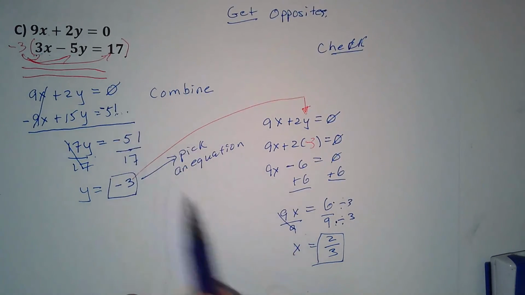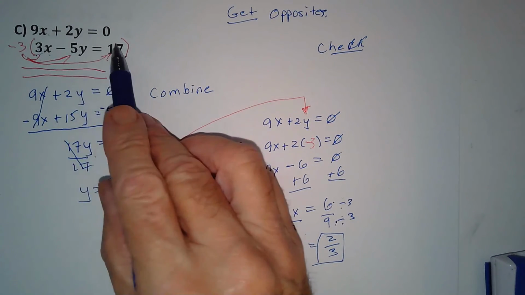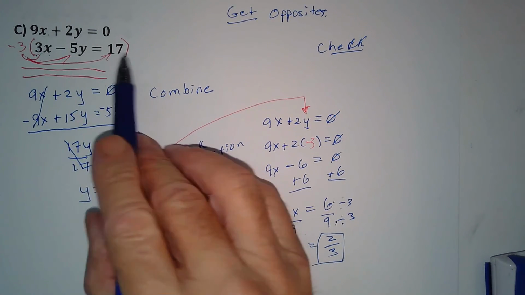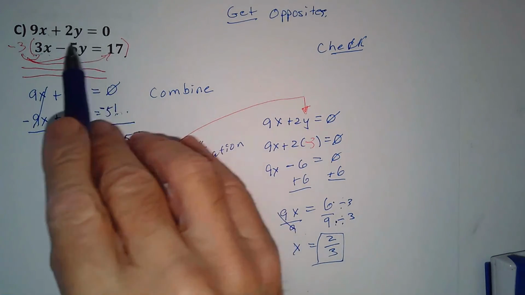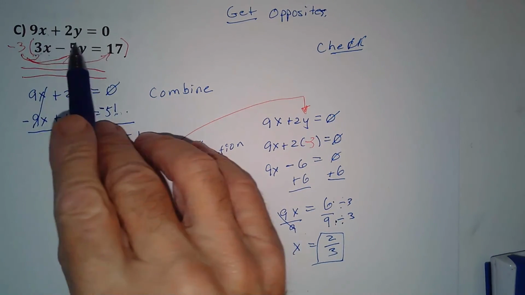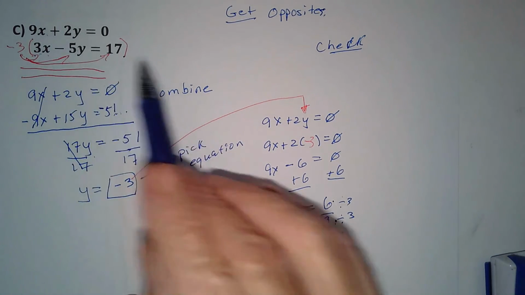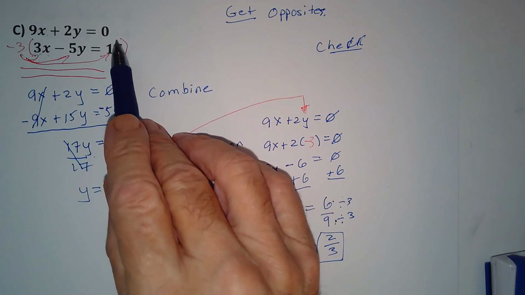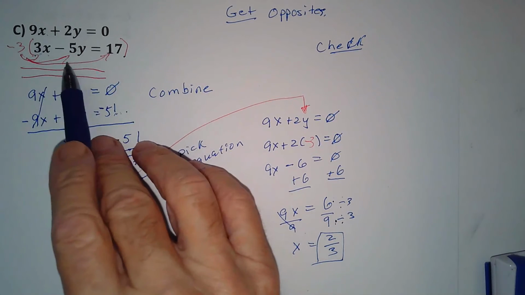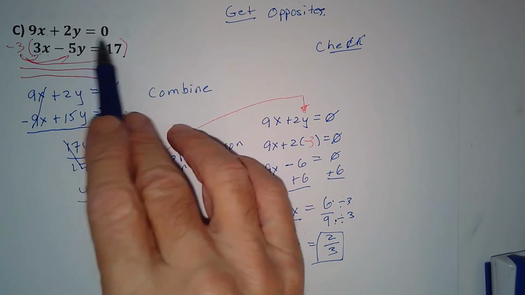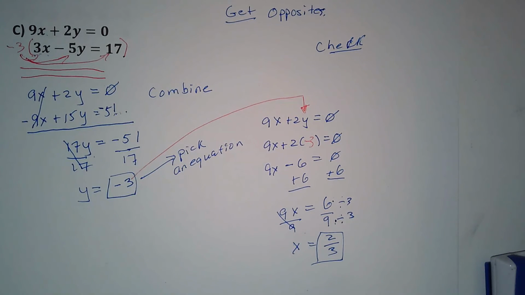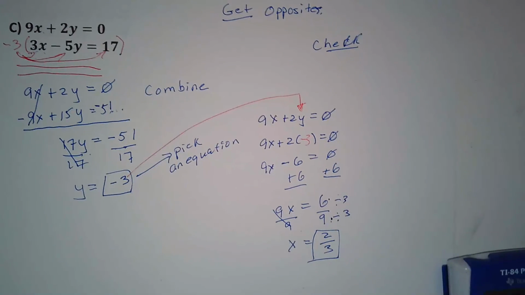And what you should get is two sets of equations that equal each other. So when I put 2/3 in for the x and negative 3 for the y, I should get a 0 over here. And when I do the same thing for the second equation, I should get a 17 over here. So 0 equals 0, 17 equals 17. Okay. All right. One last thing too, just helpful.